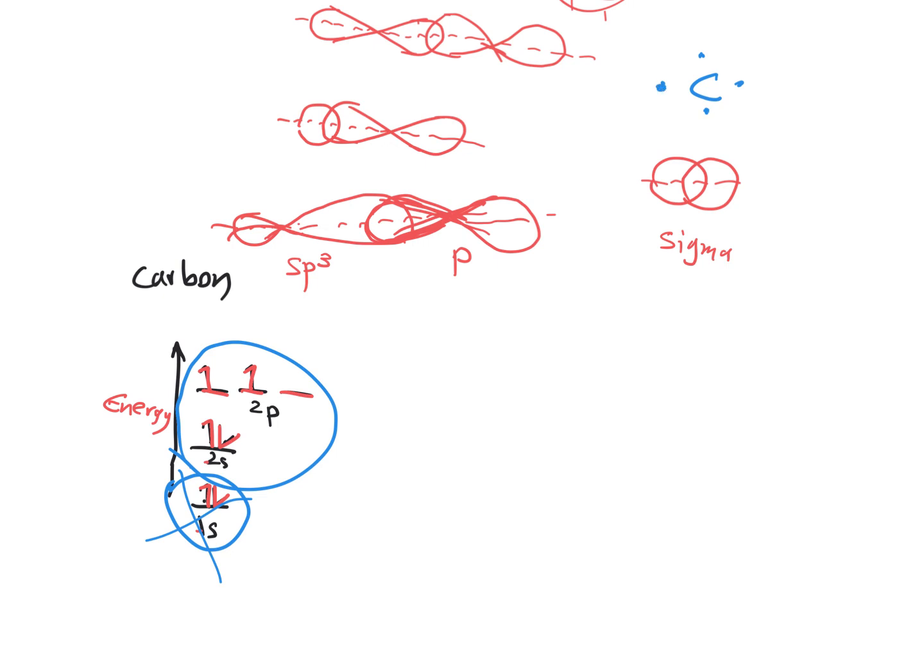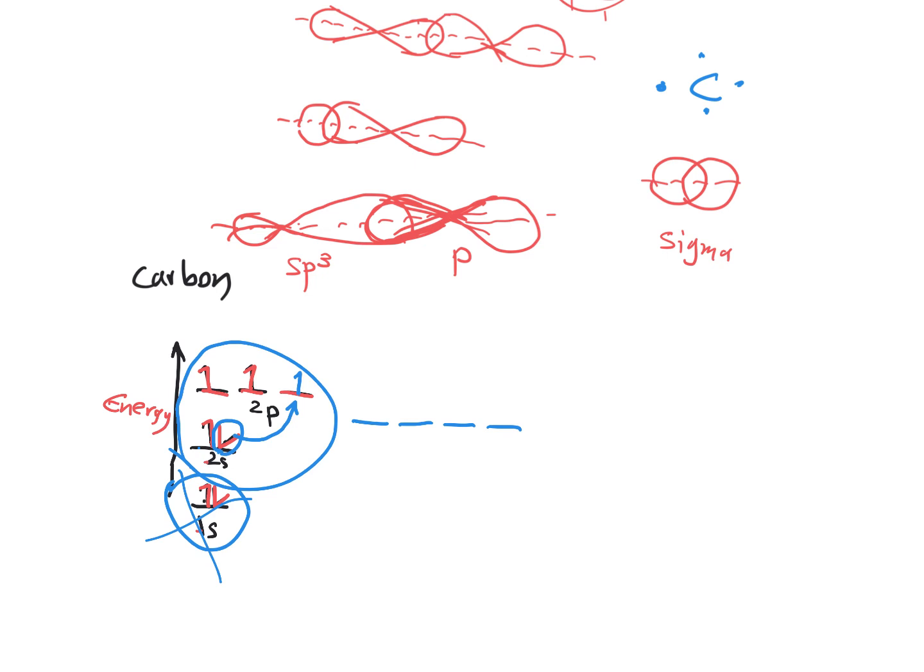So we're only concerned with valence electrons. So we have 4 electrons here. What happens is that 1 electron here goes to this empty orbital, and all of them would form similar energy, which is between s and p, right?